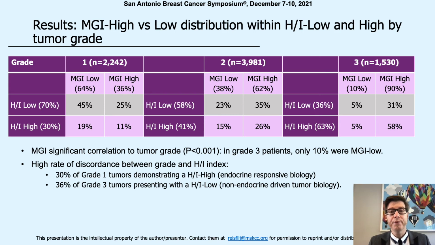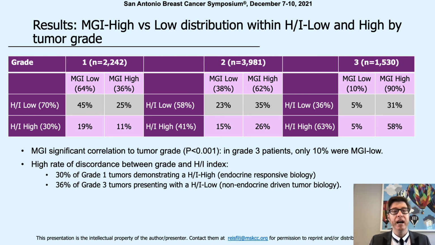And so the results are summarized on this slide, where cases were stratified according to histologic grade 1, 2, and 3 in the columns here. And then within each one of the grades, we have the molecular grade index in the columns and the HI ratios in the rows. And I hope you can appreciate here that there was a strong correlation between grade and molecular grade index.